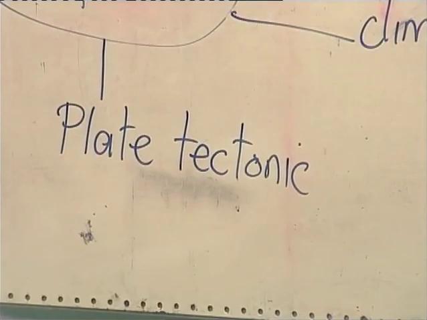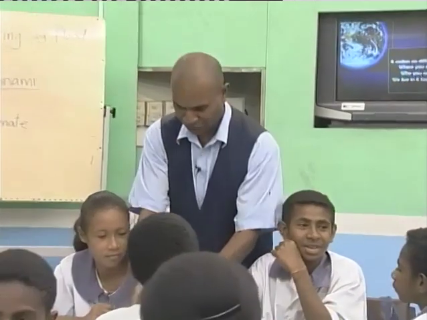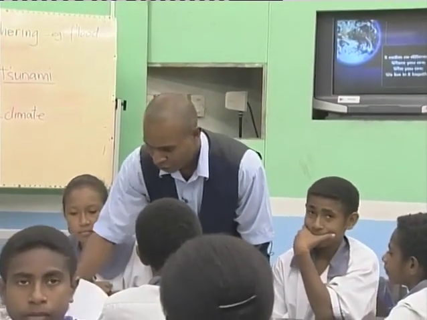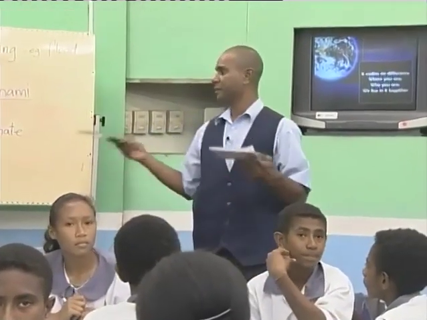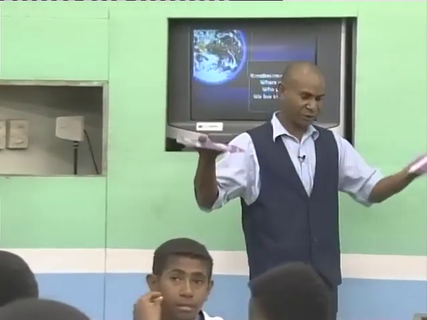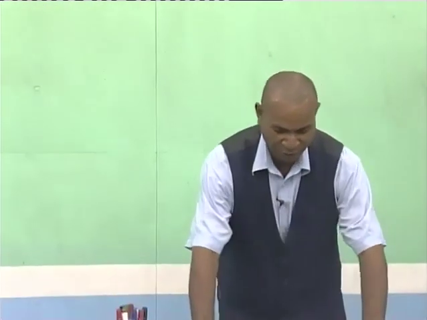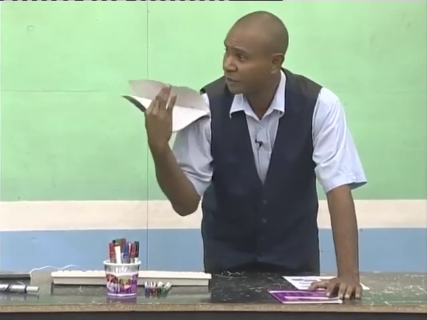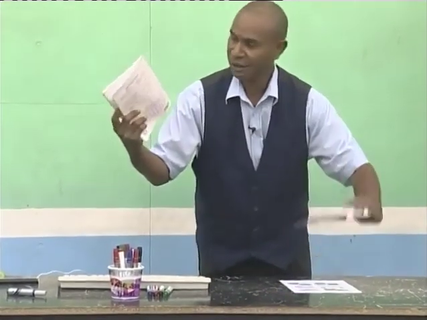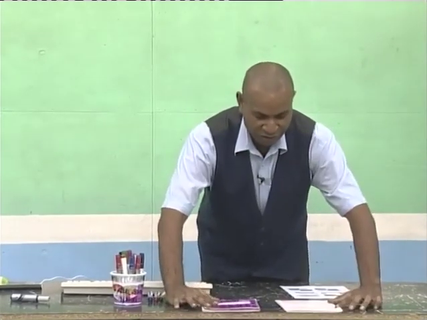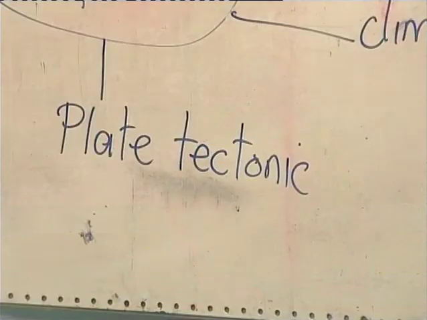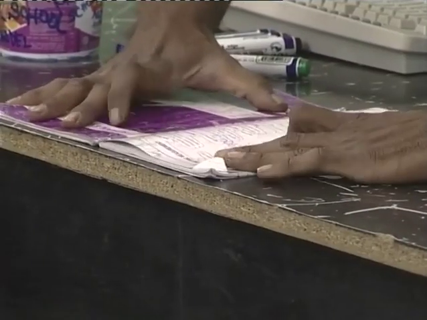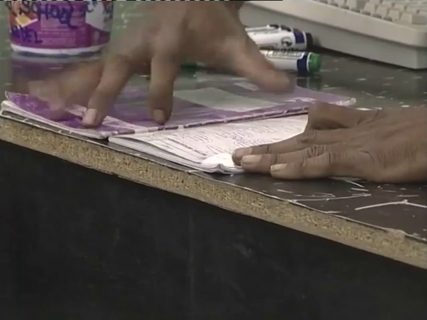So, for example, may I use the exercise book? There are two tectonic plates, which you will study later on, but I'll just show you an example. There are two plates which are moving. If they are moving at the same time, they may cause. So we have one tectonic plate and the other. If they're moving against each other, they bump into each other.